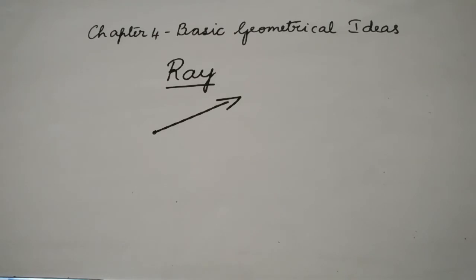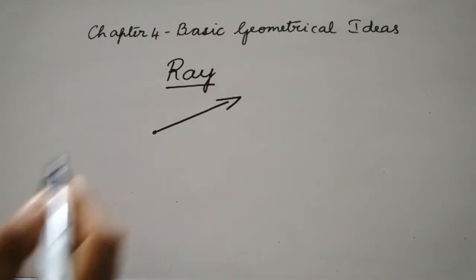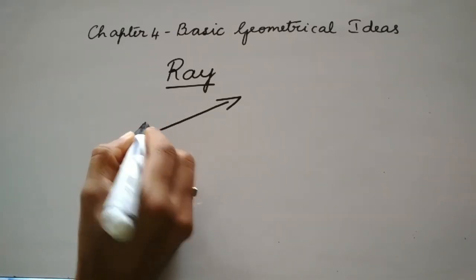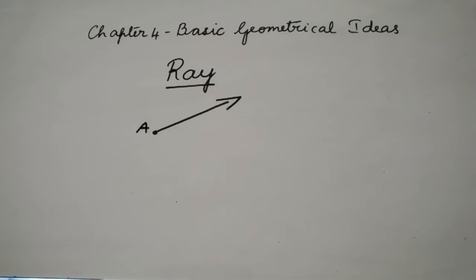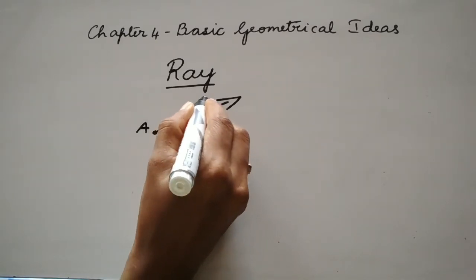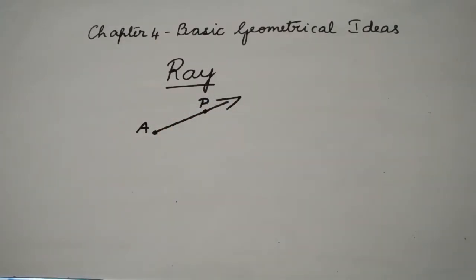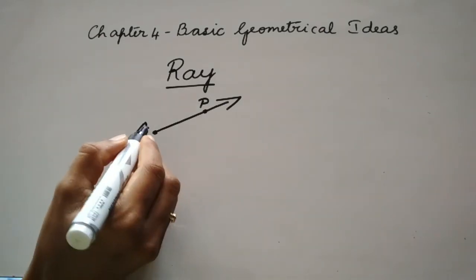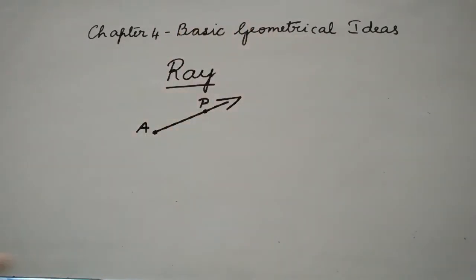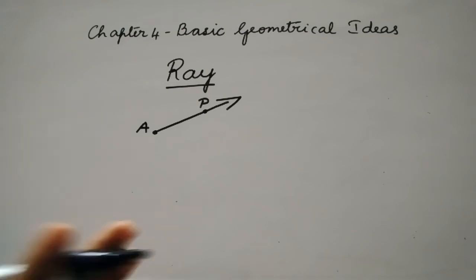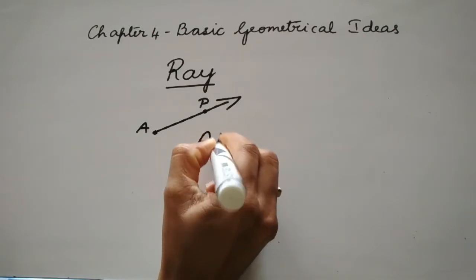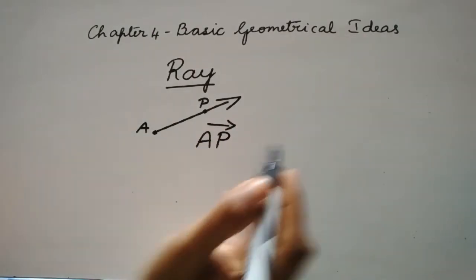So here in this ray there are 2 points. One is the starting point A and a point on the path of the ray, that is P. A is the starting point and P is a point on the path of the ray which goes endlessly in one direction, and we denote the ray by AP with a one-way arrow.